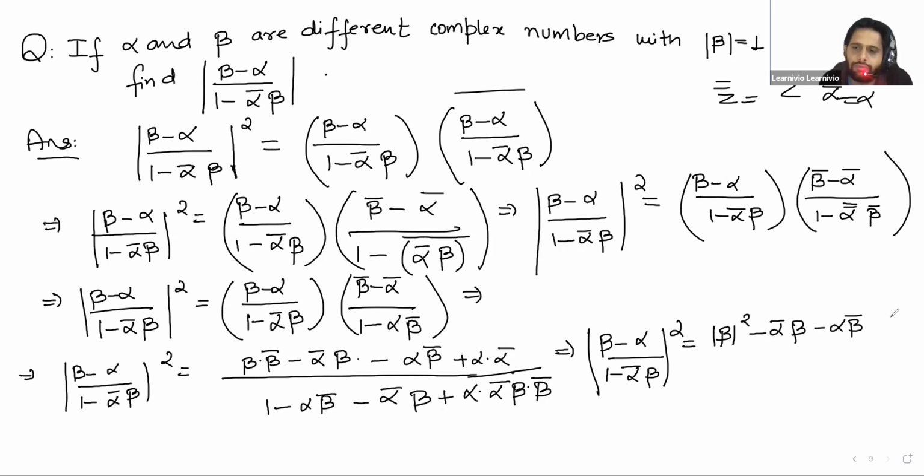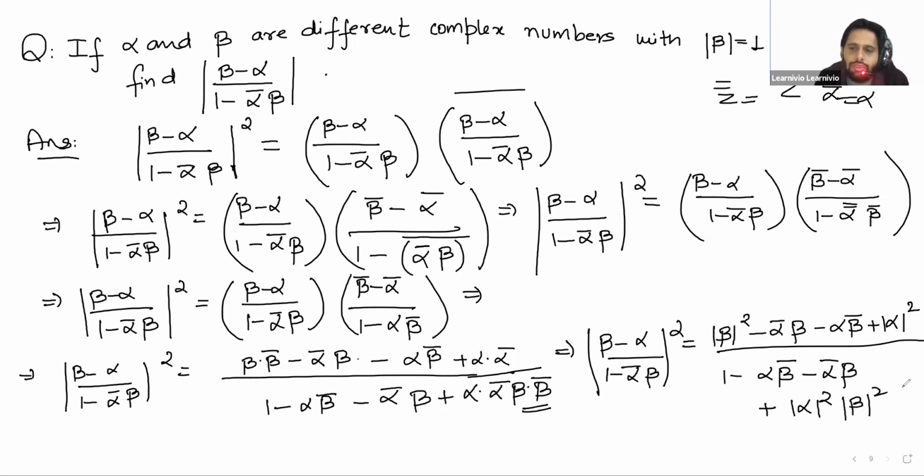Now alpha into alpha conjugate can be written as modulus of alpha whole square. Again, same property. In the denominator, we have 1 minus alpha beta conjugate minus alpha conjugate beta. Now alpha into alpha conjugate again can be written as modulus of alpha whole square, and beta beta conjugate is modulus of beta whole square.